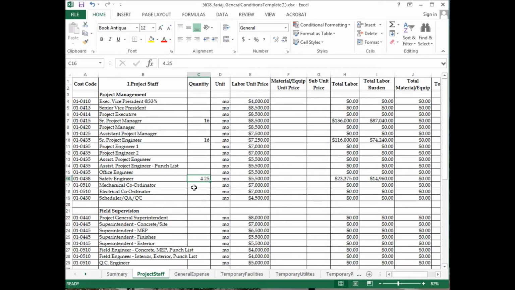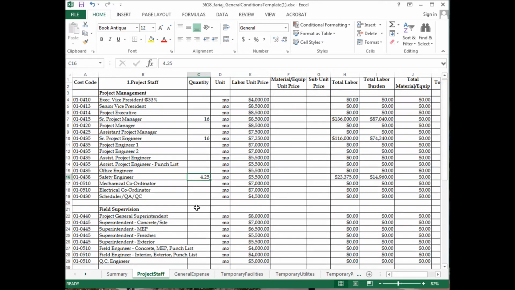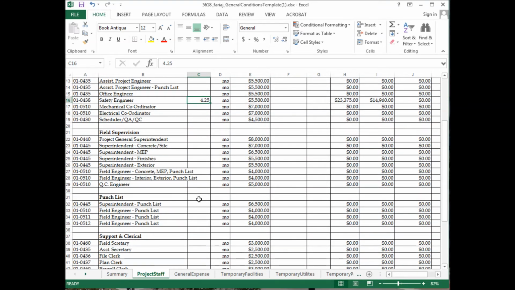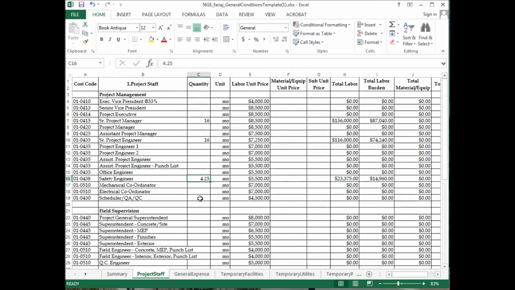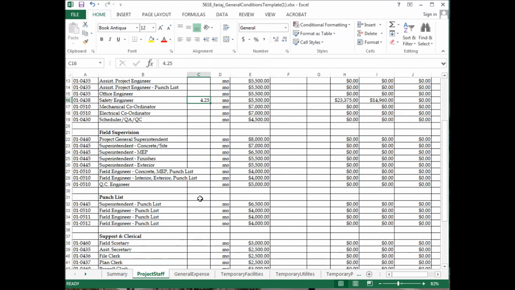It's not going to be for the duration of the project, and we don't need to have one of each of the items in here. I mean, we don't need all of these people on site for the duration of the project. Some companies will have a QC engineer that may go and visit the site, maybe 1 month during the final phase of the project.